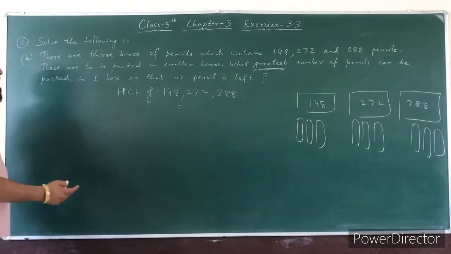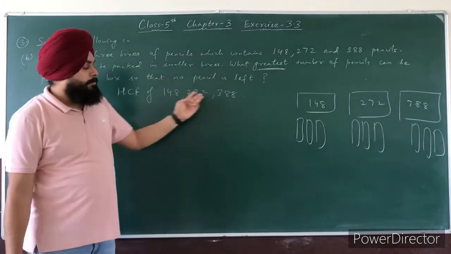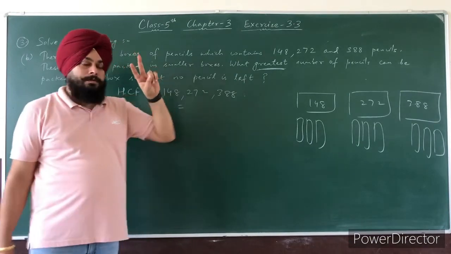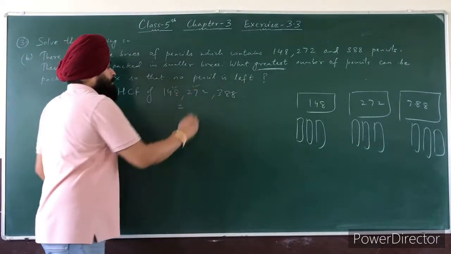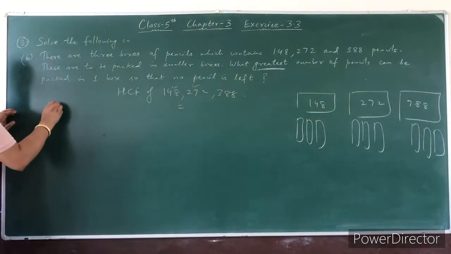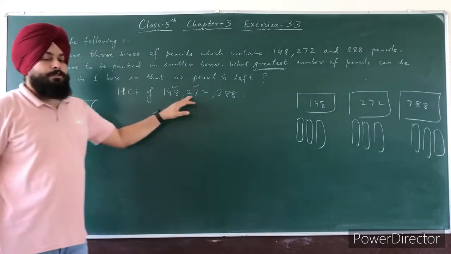Clear? So first we will find the HCF of any two of the numbers, because there are 3 numbers given, but at a time we will find the HCF of any 2 numbers. So we will take the smaller 2 numbers, 148 and 272, and find the HCF of these 2 numbers.